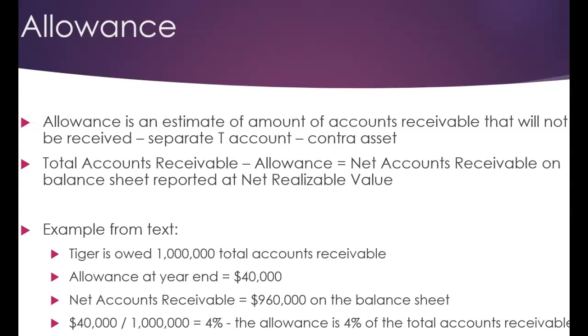It may not necessarily be remote. It may be a real chance that we may not collect 100%. The allowance method allows you to create an estimate of what you believe may default, may go bad, may not be collectible from your customer. And there are a number of ways of doing it.